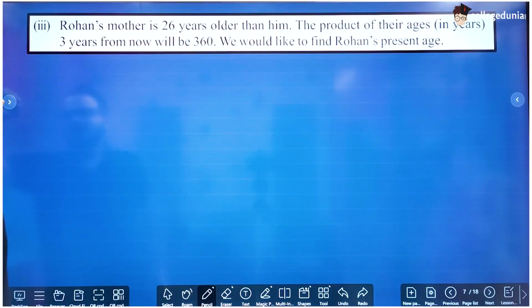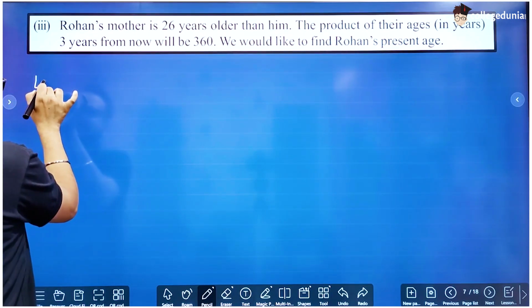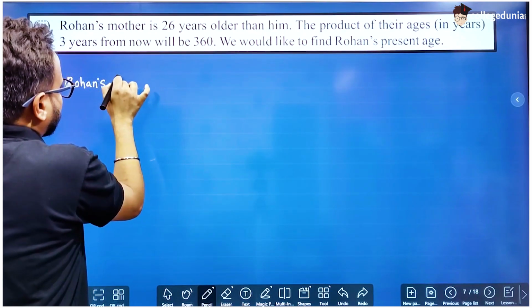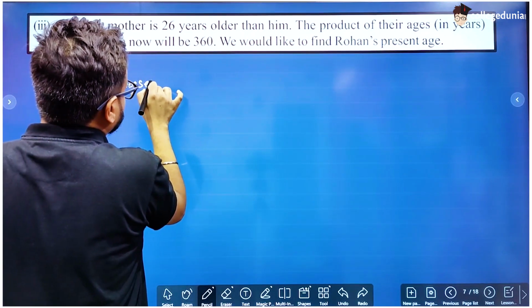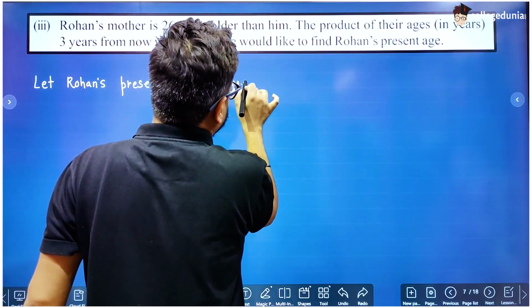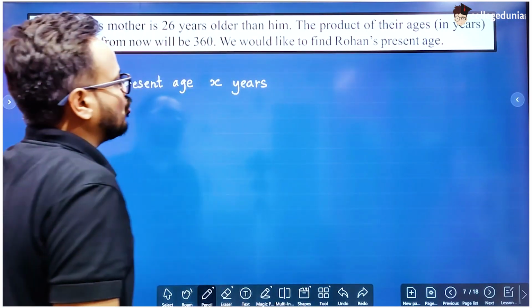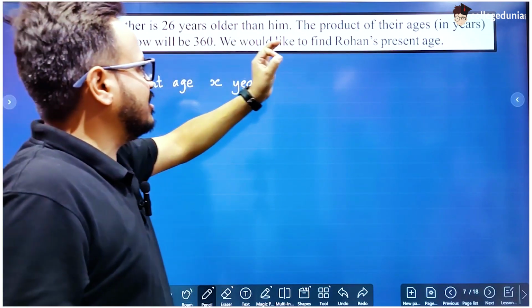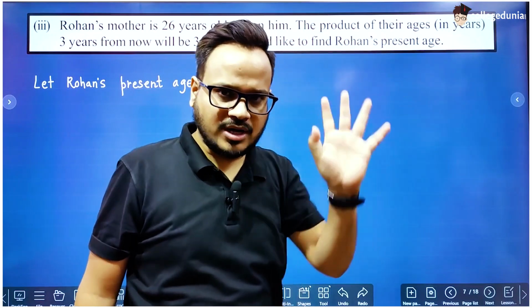Next, Rohan's mother is 26 years older than him and the product of their ages 3 years from now will be 360. We would like to find Rohan's present age. So let Rohan's present age be x years, and Rohan's mother is 26 years older than him.